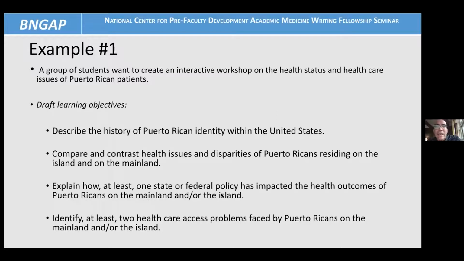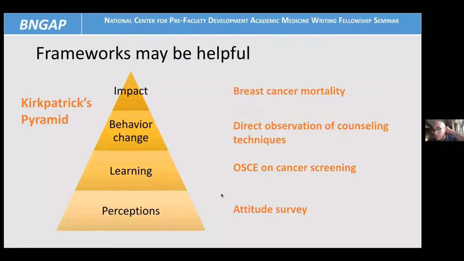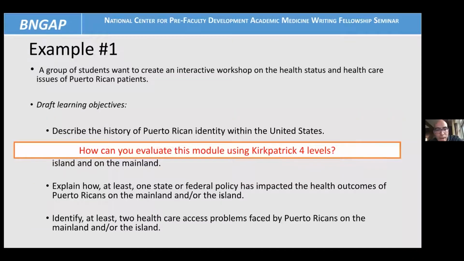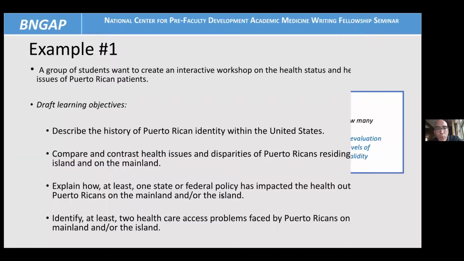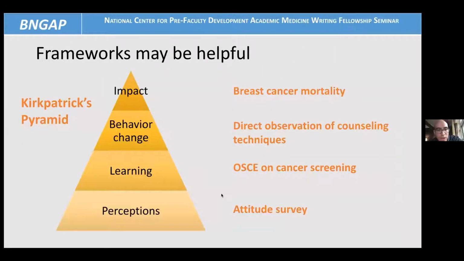So I think if everybody could take just a few minutes and probably reflect, let me go back to this Kirkpatrick's pyramid and how you might come up with ways in which you might evaluate these educational workshops across the 4 different levels of Kirkpatrick's pyramid.